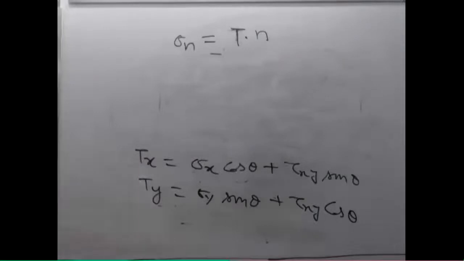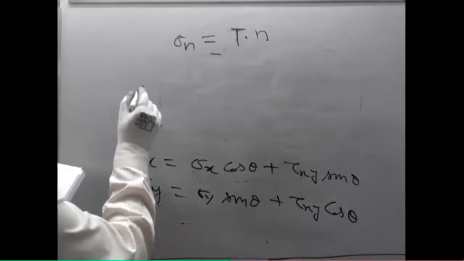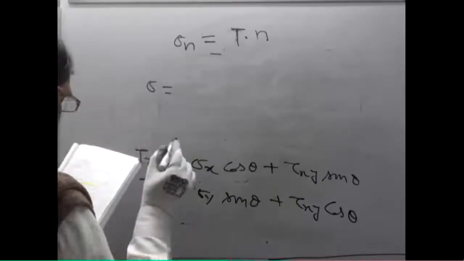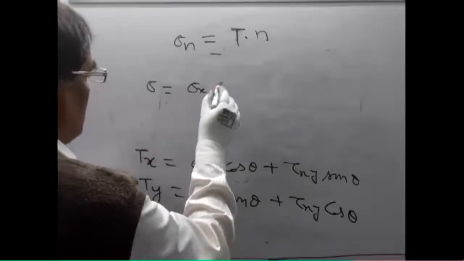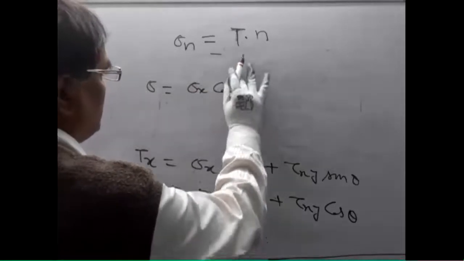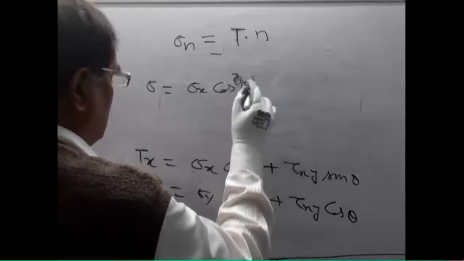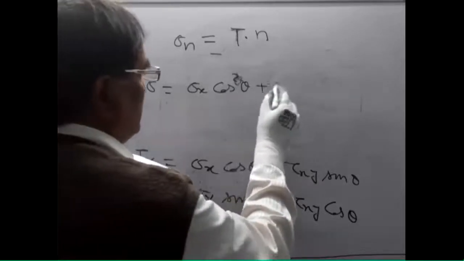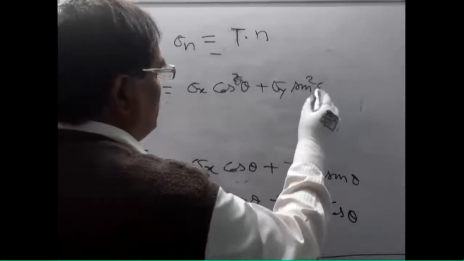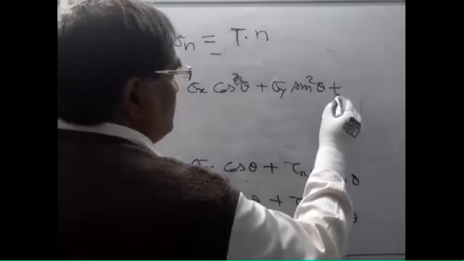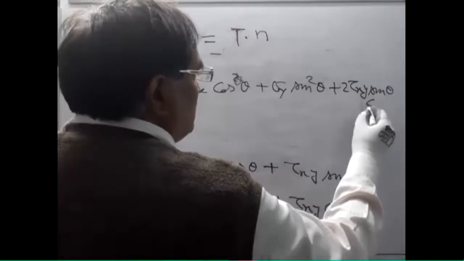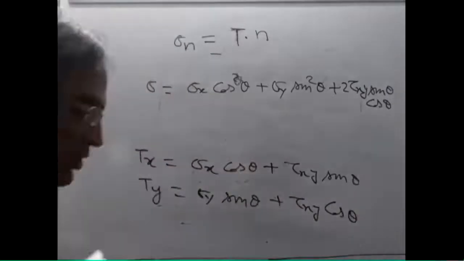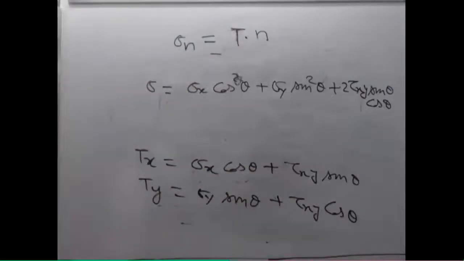So you will get sigma is equal to sigma x cos square theta plus sigma y sin square theta plus twice tau xy sin theta cos theta. What is twice sin theta cos theta?